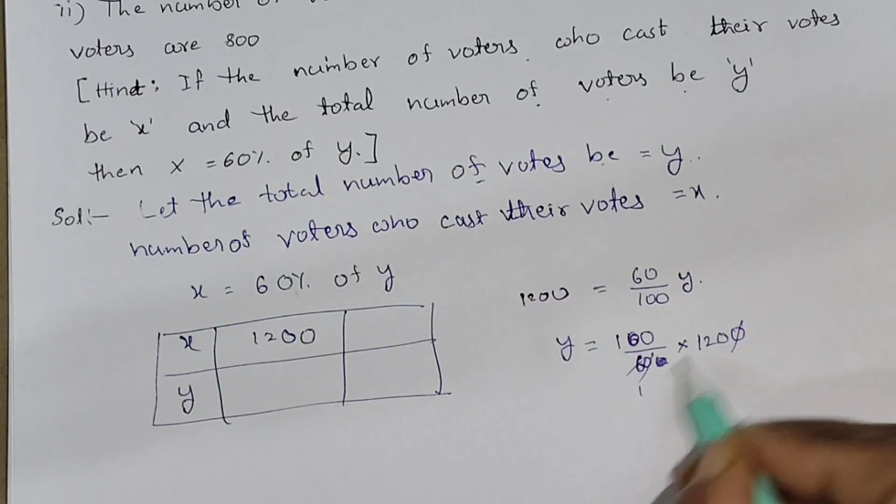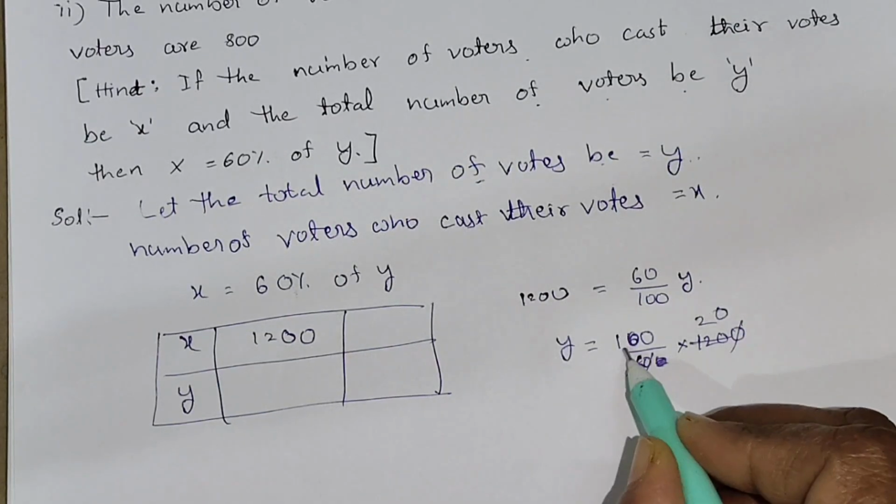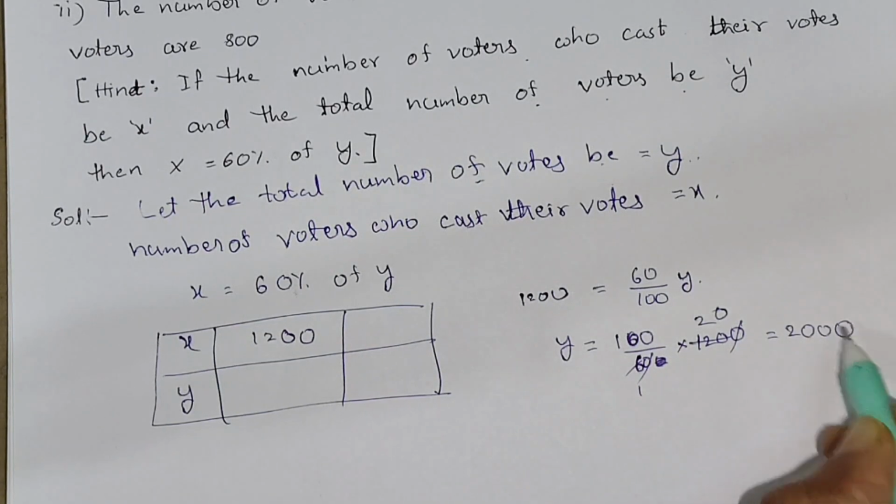The zero gets cancelled. 6 ones are 6, 6 twos are 12, so 20. 100 into 20 is equal to 2000. 2000 is the y value.